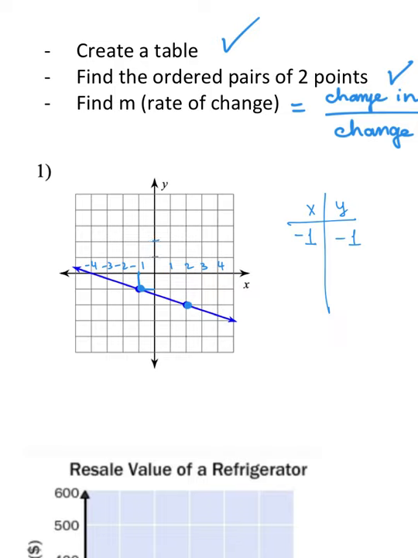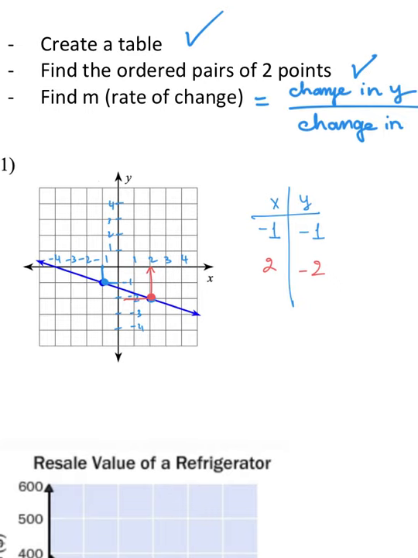Going up from the origin is positive, and going down right here will be all negative. Make sure you know how to read it. The second point I have is x is 2, and my y is -2. These may be a little confusing because they have negative numbers in them. Pay attention when you subtract to find the change.